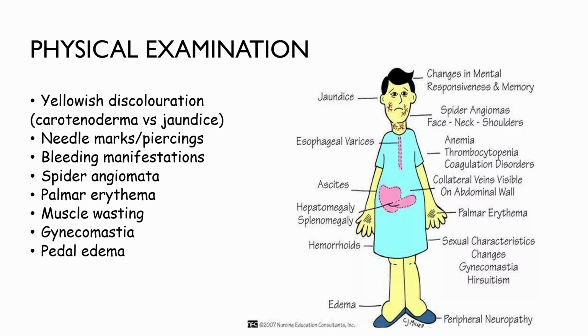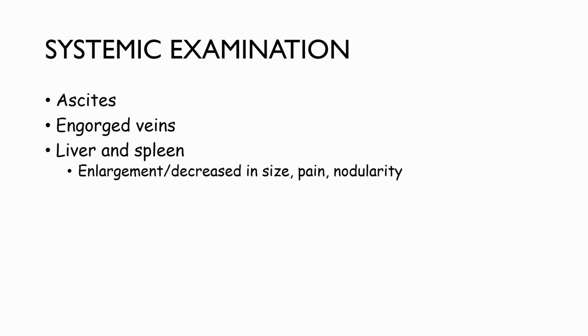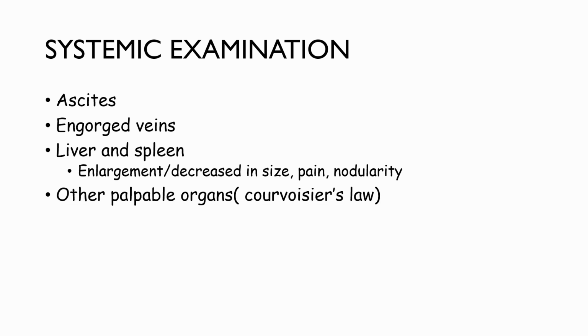In the GIT examination, there can be ascites, engorged veins, a cirrhotic liver if there is cirrhosis, and the spleen can be enlarged. There could even be nodularity in the liver. Among other palpable organs, there could be a palpable gallbladder. According to Courvoisier law, a palpable painless gallbladder is probably because of malignancy and not stones.